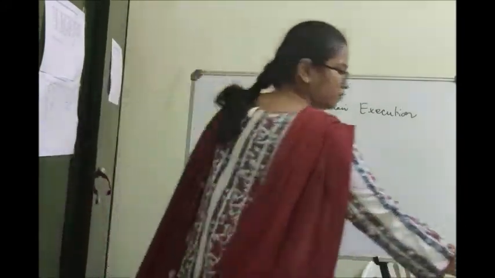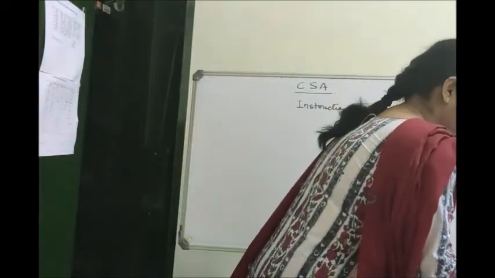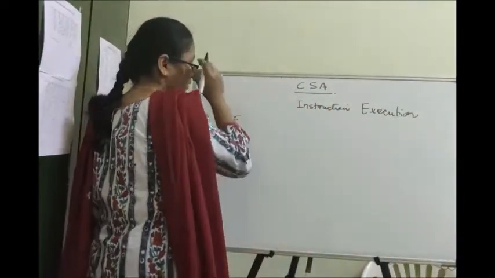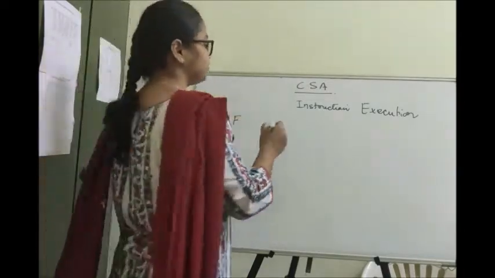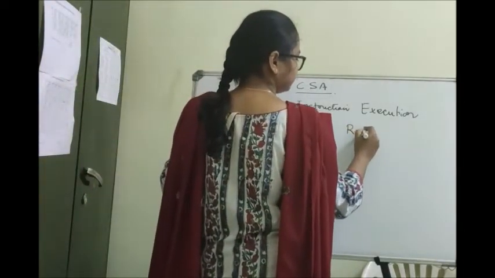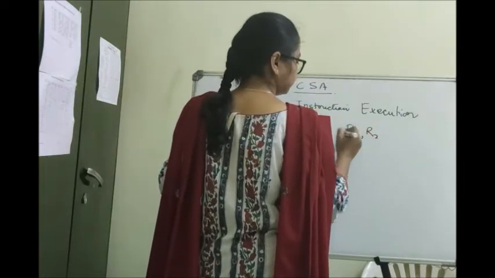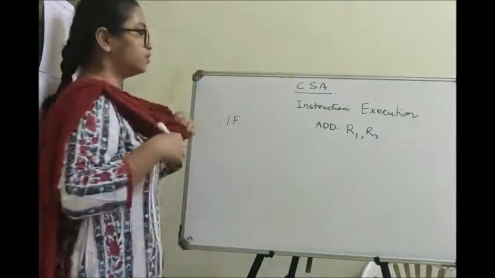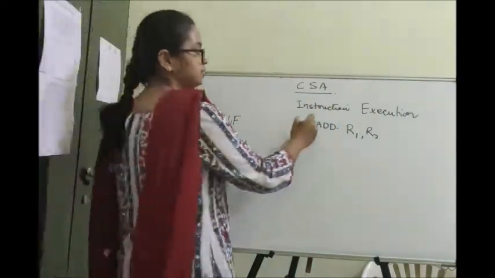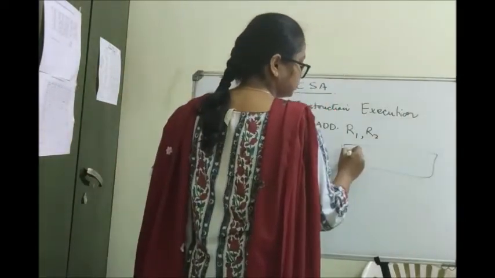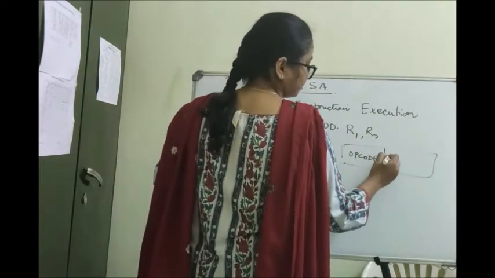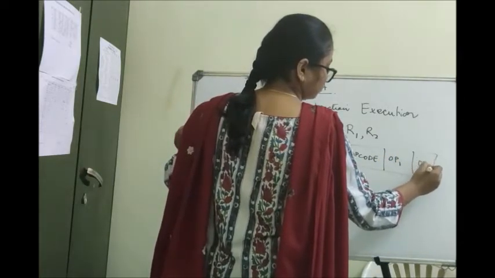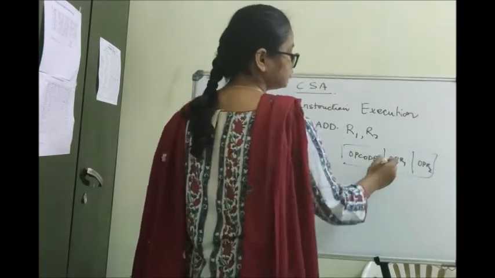First of all, we have instruction fetch. So what happens in instruction fetch? First, this entire instruction, that is the opcode, then operand 1, operand 2. Suppose this is an instruction.